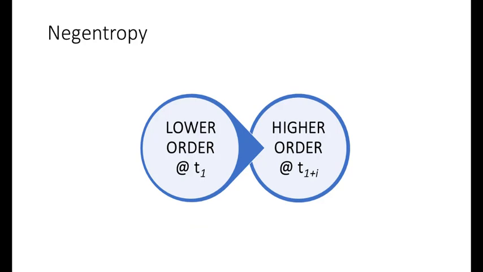Negentropy is, as may be inferred, the inverse of entropy, where entropy is the process and measure of increasing disorder. Negentropy is the opposite. That is, over time, the process and measure of increasing order.